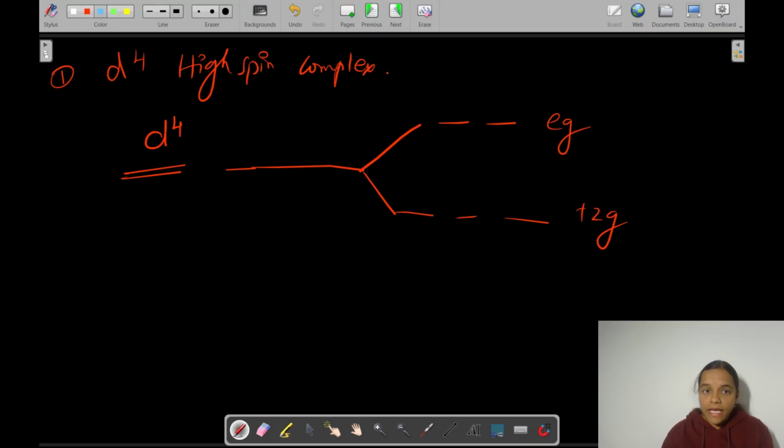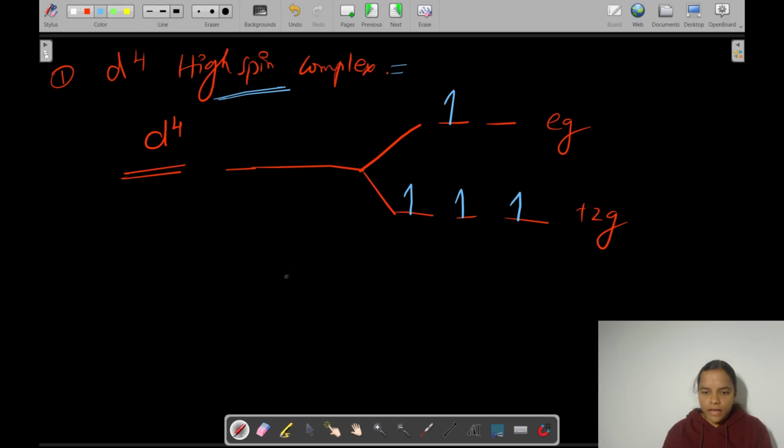It is a high spin complex, so we arrange the electrons first in the T2g orbitals. The first three electrons we fill singly according to Hund's rule. For the last electron, since it is a high spin complex, electron pairing does not take place until every orbital is singly filled.